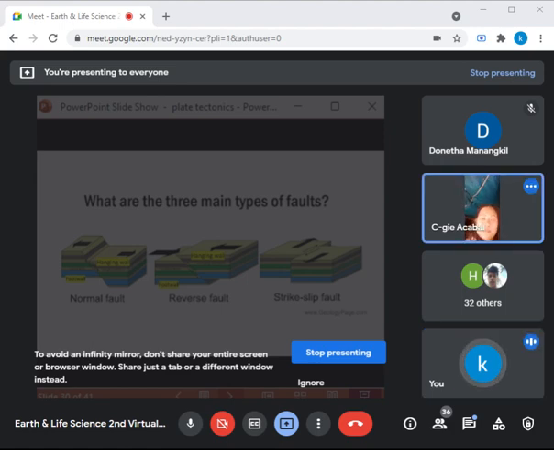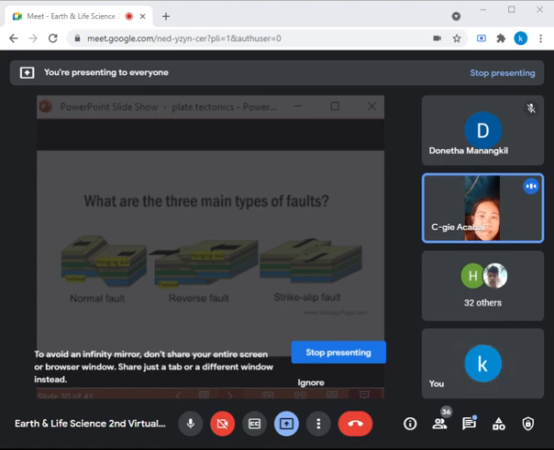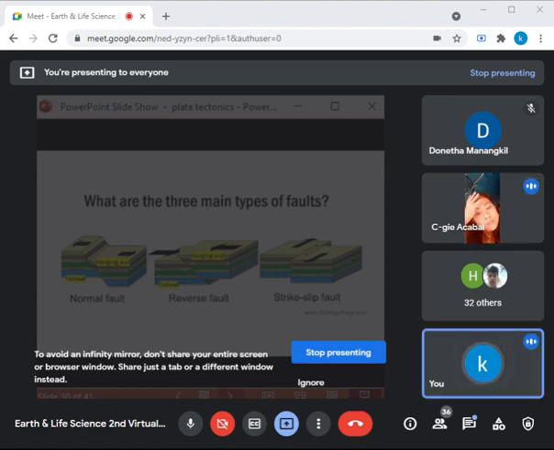A normal fault is caused by tensional forces. So pareha ra siyang force nga exert atong divergent plate. Okay? So kaning sa normal fault, naa siya tensional stress or tensional force. It is characterized by the hanging wall moving downward with respect to the footwall.